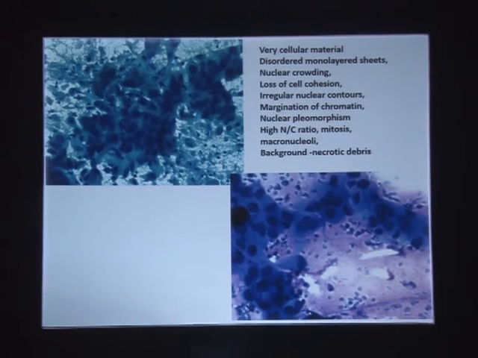All of us are very, very familiar with this morphology. What is most important is these subtle signs of malignancy which we tend to miss, which we tend to call normal acinar cells, or we may interpret them as well-differentiated neuroendocrine tumors. These are more important because today they can be resected easily.